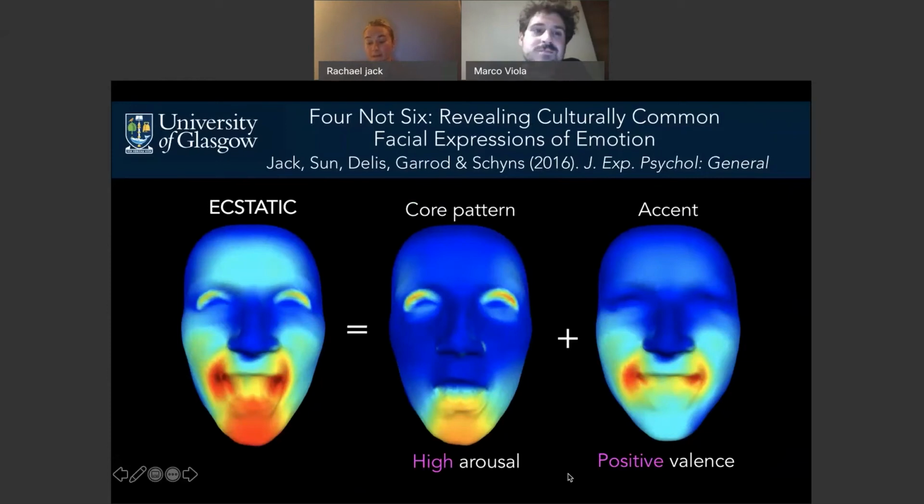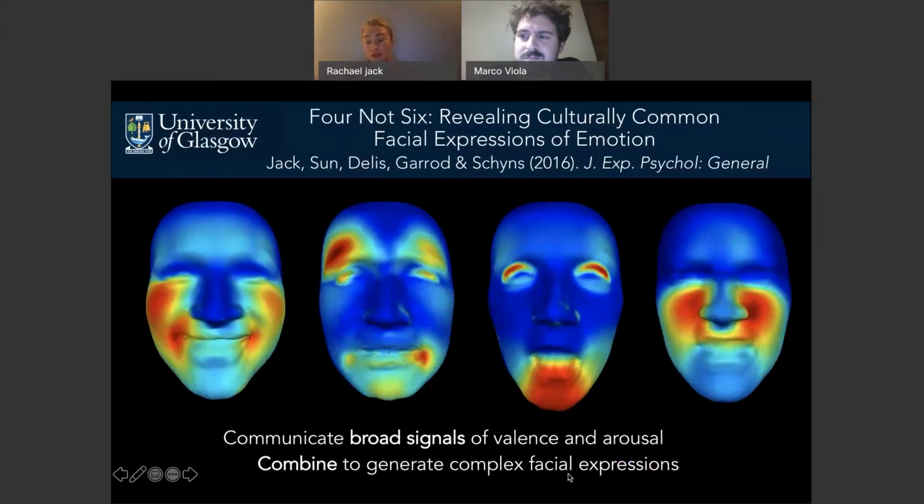So here, what we discovered, trying to find what's common across cultures and how are facial expressions structured, do they have a systematic structure in the signaling? We found 4, not 6, latent expressive patterns, which each are associated with these very broad signals of valence and arousal, and that they combine together in different ways with different weights to generate a very wide range of complex facial expressions, such as delighted, irritated, grief, and so on.